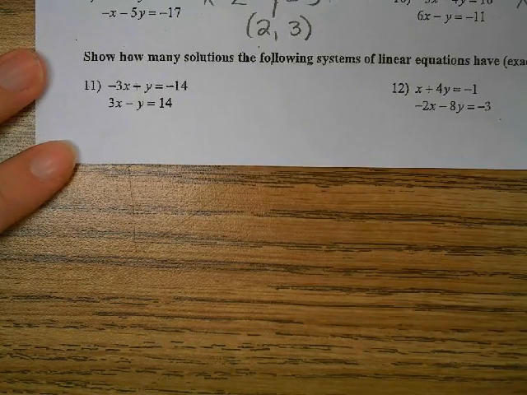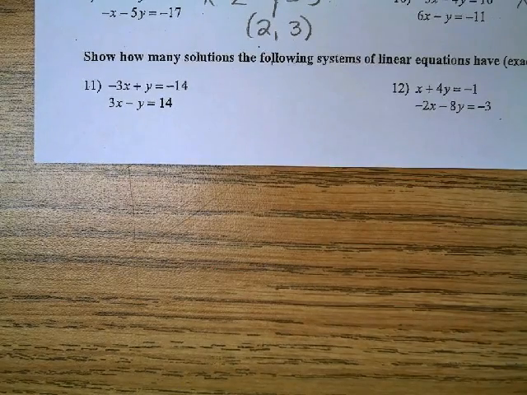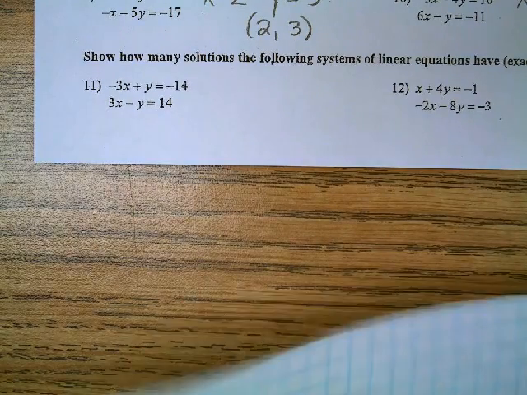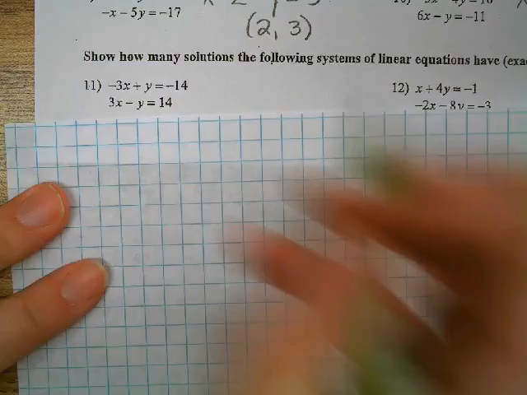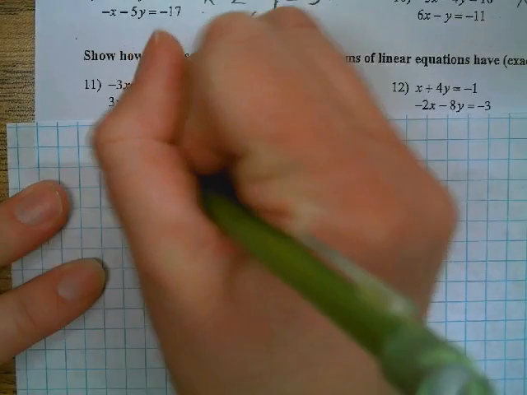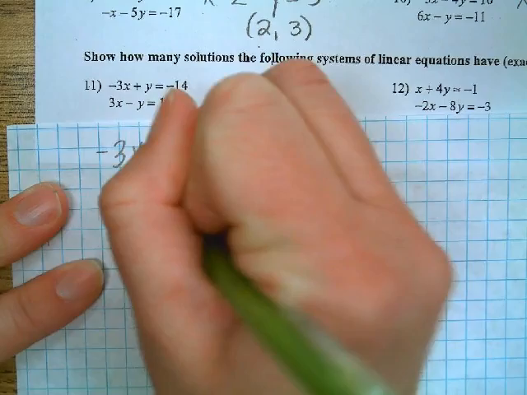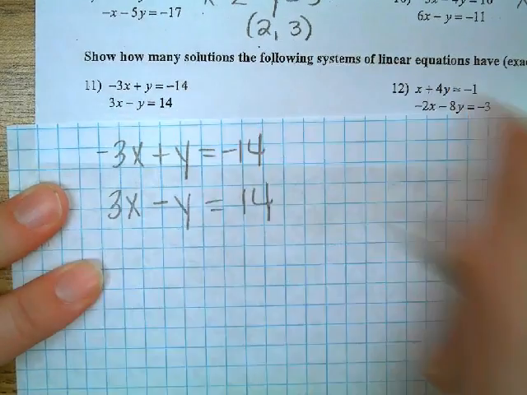Number 11, I'm going to stick with the substitution method. We just have to figure out how many solutions does it have. Does it have one, many, or none? Now, if I stick with the elimination method, I don't have to do much here. I'm just going to copy these down.